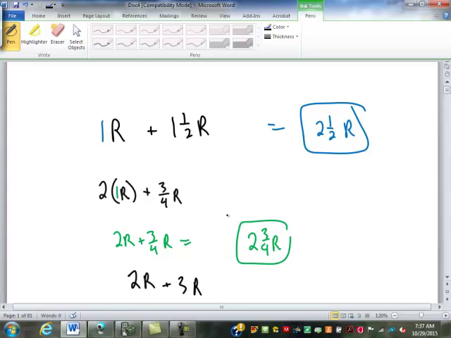Then you got 5/8 and 5/8 makes 10/8 or 1 1/4 R. So that does add up to 6 1/4 R.